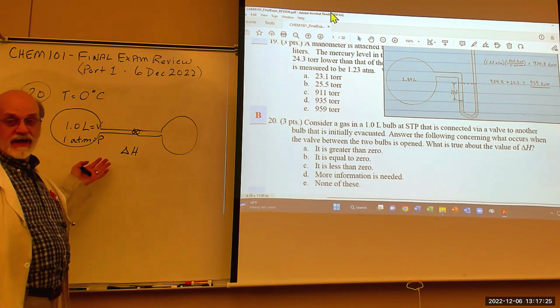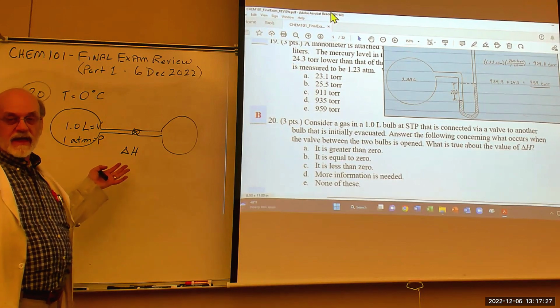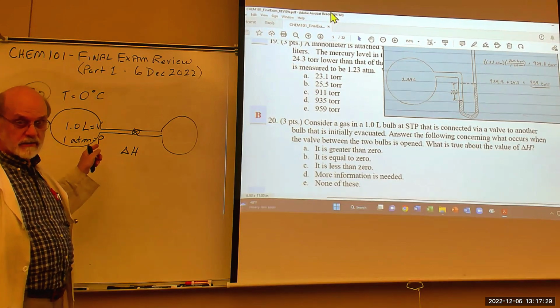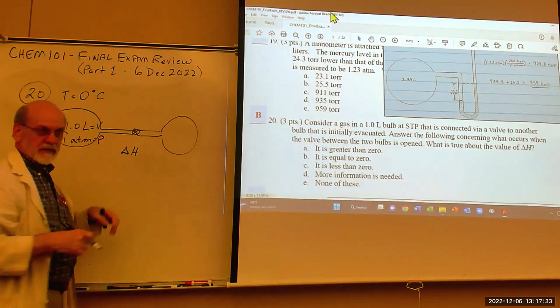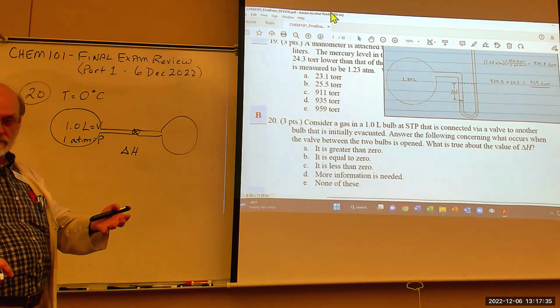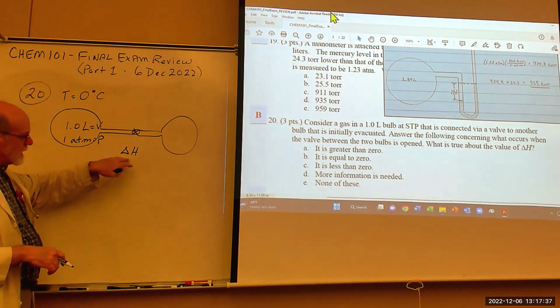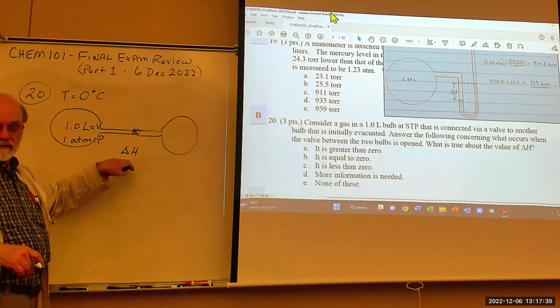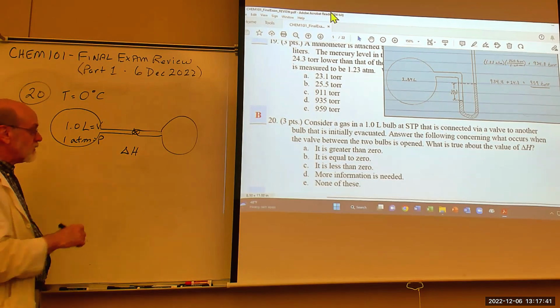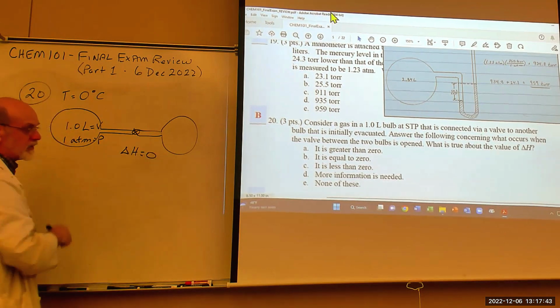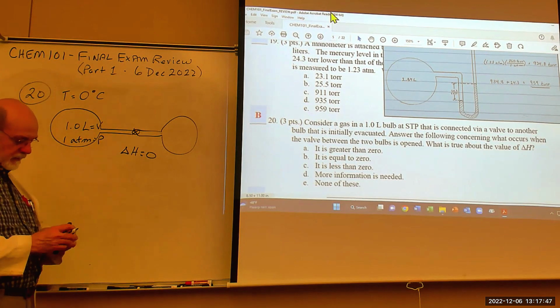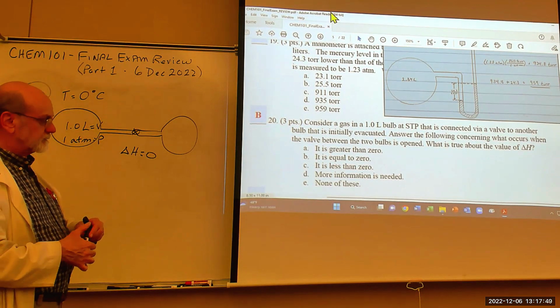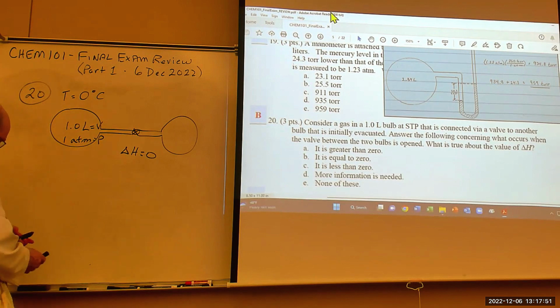No, it's got the same amount of heat it had to start with. It may be a different temperature after this gas expands into that space, based on Charles' law. But the amount of heat transferred is 0. There was no heat transferred whatsoever in order for that to happen.